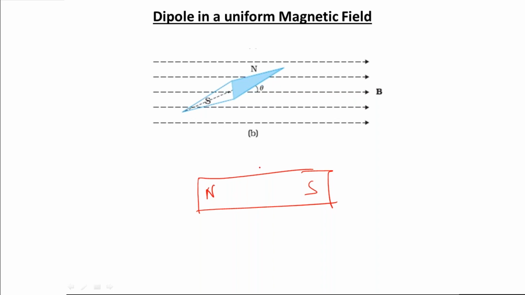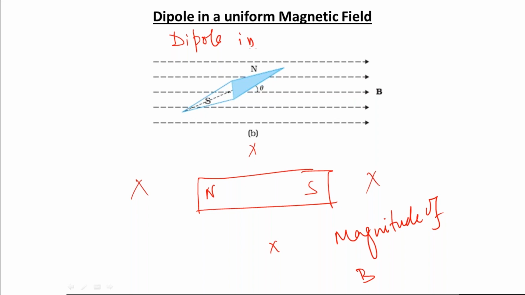Okay, so now the question is, if somebody gives you a bar magnet like this, and asks you to find out the magnetic field at any point, maybe here, maybe here, maybe here, experimentally, then how can you find out the magnitude of the magnetic field created by this bar magnet at any point?